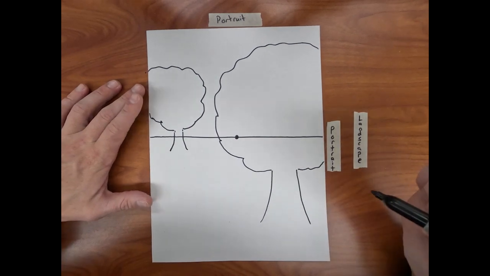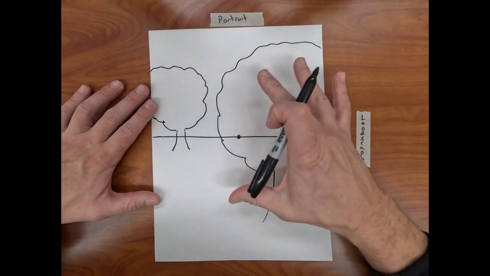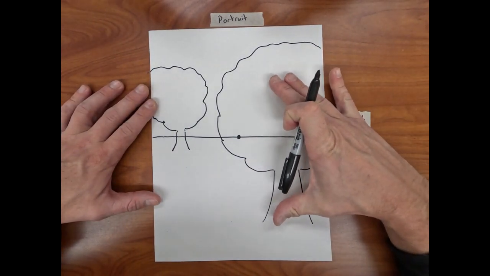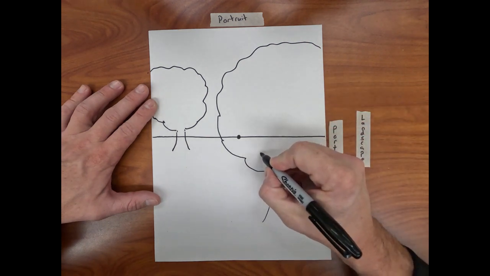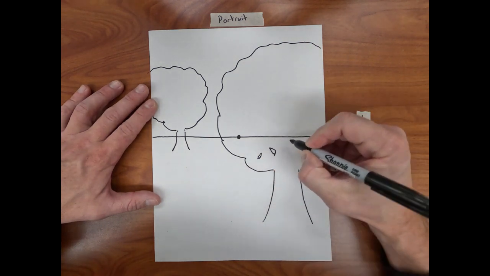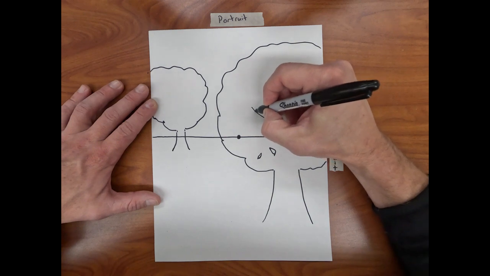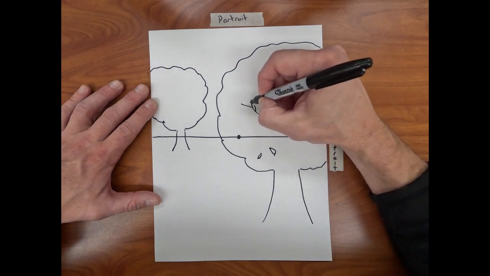As things get closer, they get more detailed. So considering that this tree is closer, this one I might want to throw individual leaves on, maybe some branches sticking out with leaves.